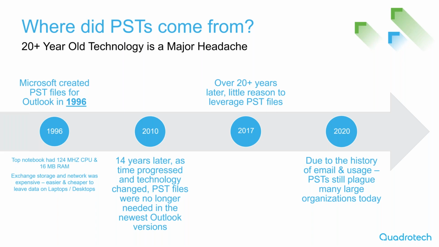And today in 2020, we still have many PSTs in many large organizations, because many organizations grew up from Exchange 5.5 or Exchange 2003, and we see a lot of them in every organization.